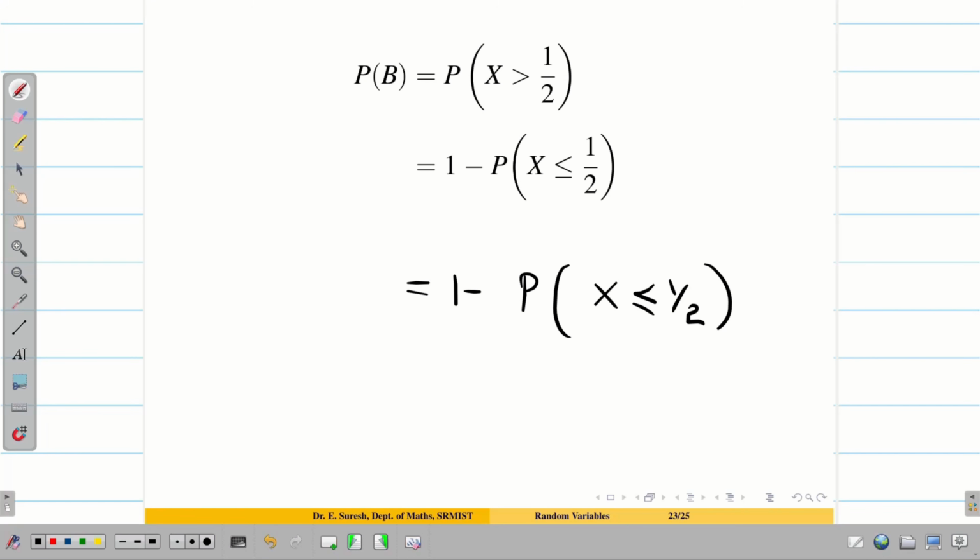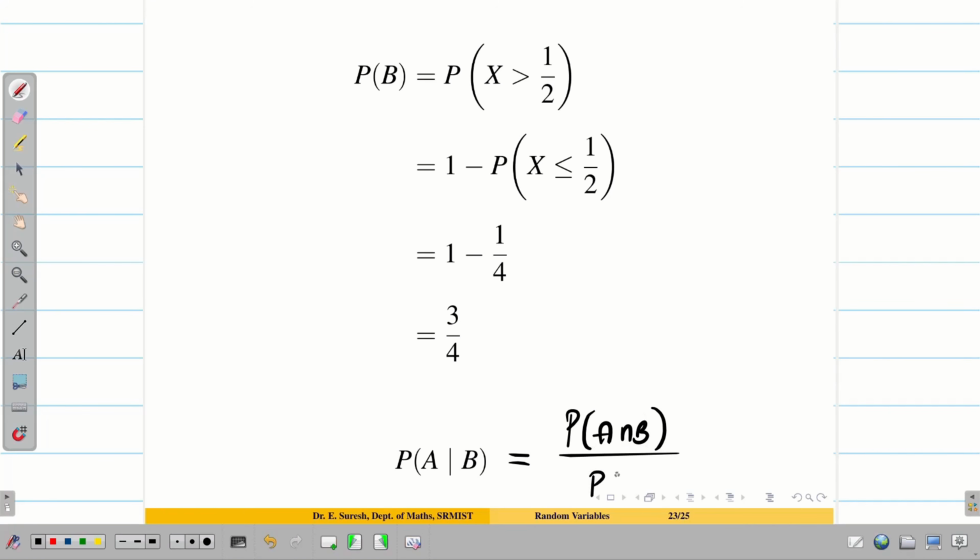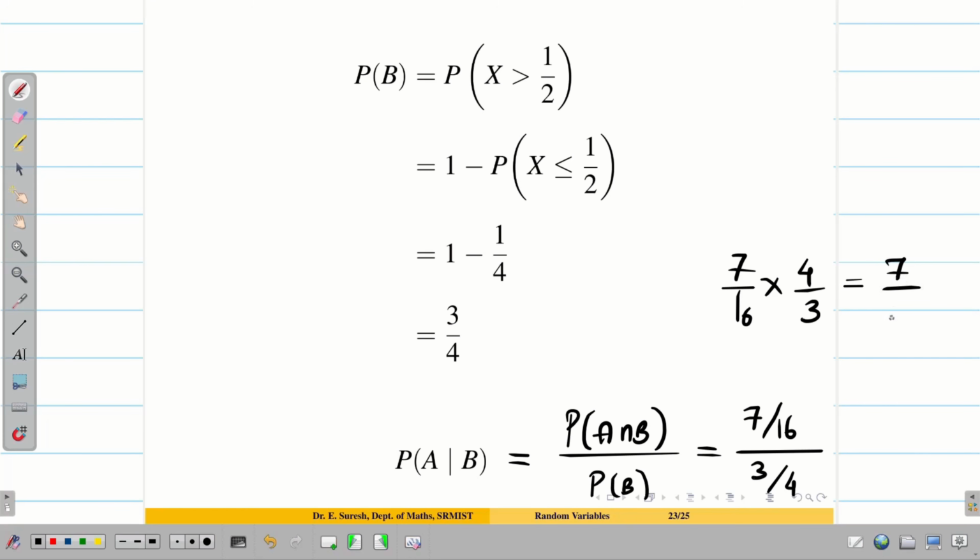Already we found in the first part of the solution it is 1/4. I can substitute here and simplifying this we get the answer 3/4. Therefore probability of A given B is probability of A intersection B divided by probability of B, that is 7/16 divided by 3/4. So 7/16 into 4/3. My final answer is 7/12.